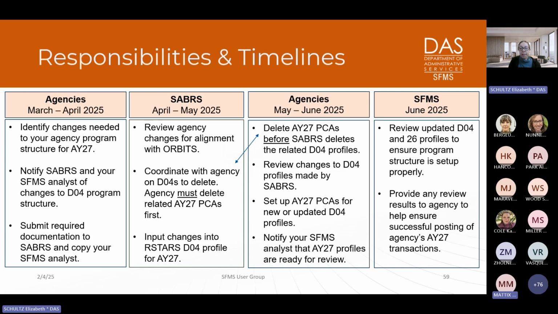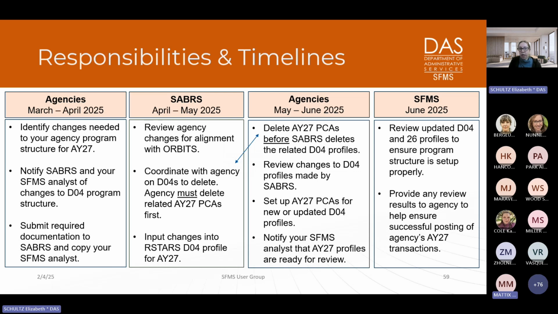They would be updating any DO4 profiles and coordinating with the agency. If there's any PCAs that point to that DO4 that you're wanting to delete, those have to be deleted first before Sabres can actually remove those codes. Sabres would then be inputting any changes in the DO4 profile for AY27.